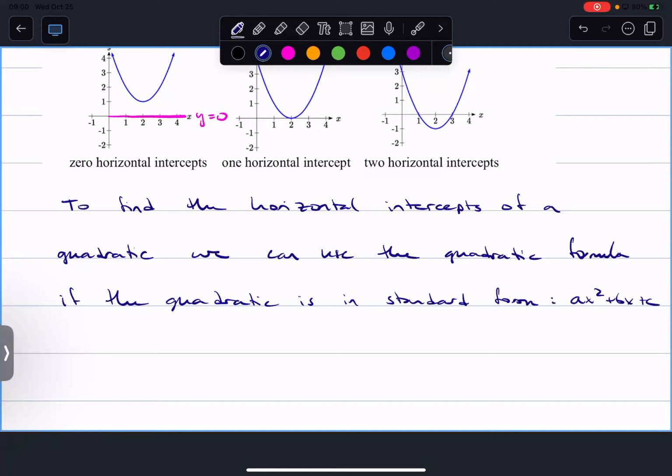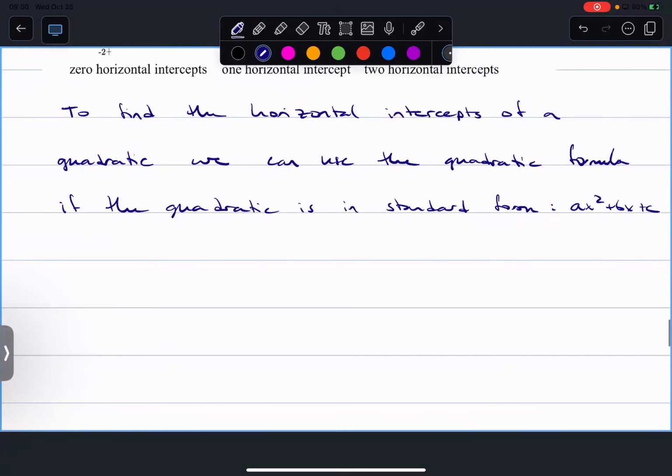I'm going to give it to you. It's on your formula sheet, and it says that x is going to be negative b plus minus the square root of b squared minus 4ac over 2a. Not too bad.